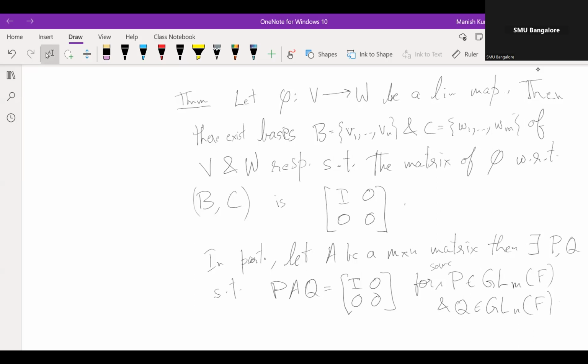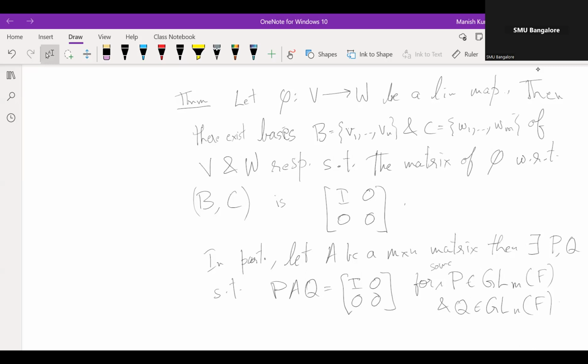By row and column operations, you can make any matrix into this form. For instance, you take the first non-zero entry and change rows so that the A11 entry becomes non-zero, then you make it 1 by dividing by something, and then you eliminate, and so on.